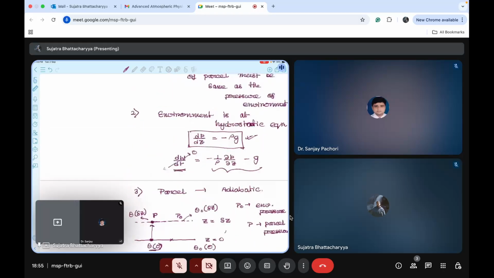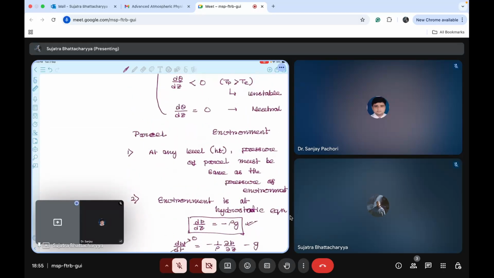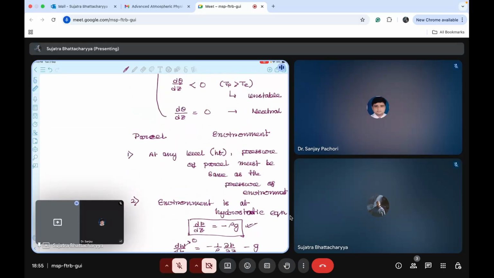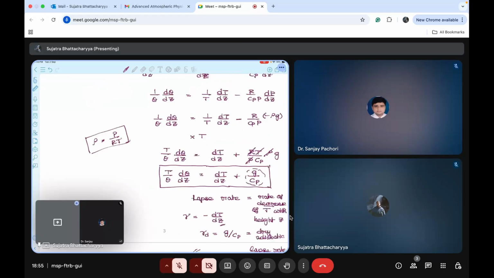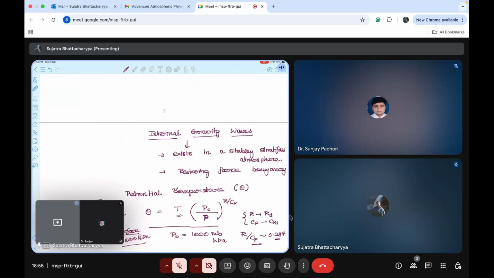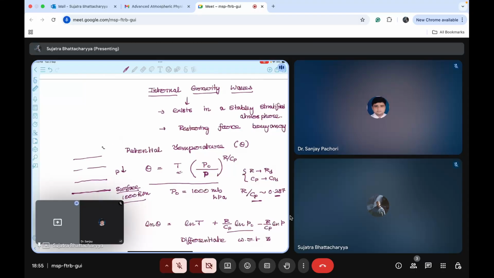And n square of the Brunt-Weisshaler frequency gives you the idea of stability, but n is the Brunt-Weisshaler frequency. Don't say that the Brunt-Weisshaler frequency is n square. It is n.